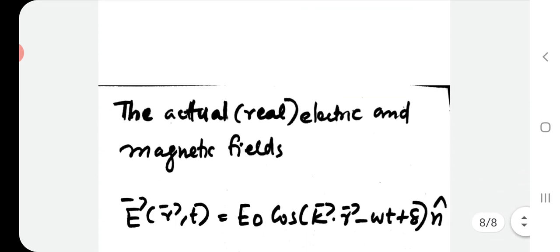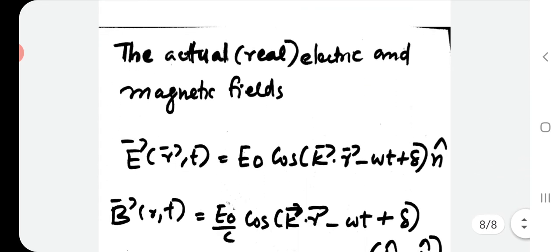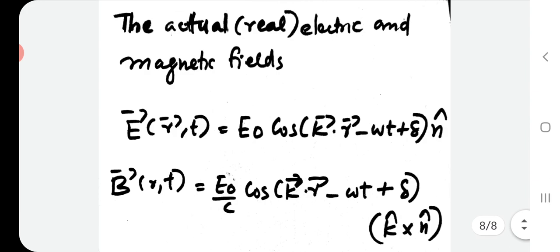If I take the real part of those complex equations, the actual real electric and magnetic field is given by E of r,t equal to E0 cos(k dot r minus omega t plus delta) n. When we take the real part of e to the power i theta, the real part is cos theta. Delta is an additional phase factor, and n is the unit vector in the direction of the electric field.